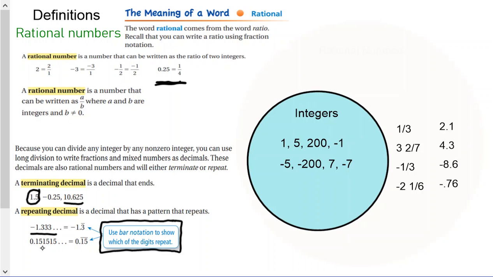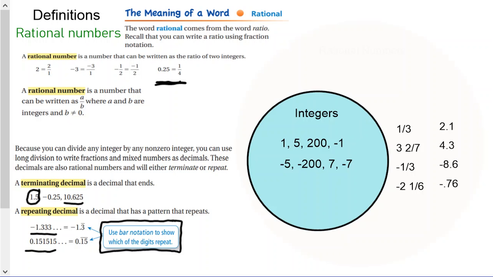So if you can see in the second example here, the 0.151515 is repeating, so that 15 would continue to repeat forever. So when we have a situation like that, the bar notation goes over both the 1 and the 5.